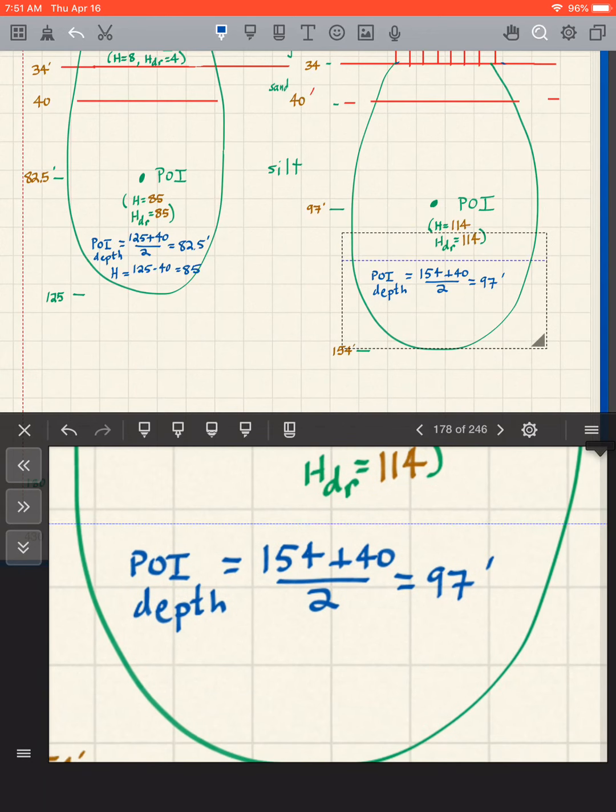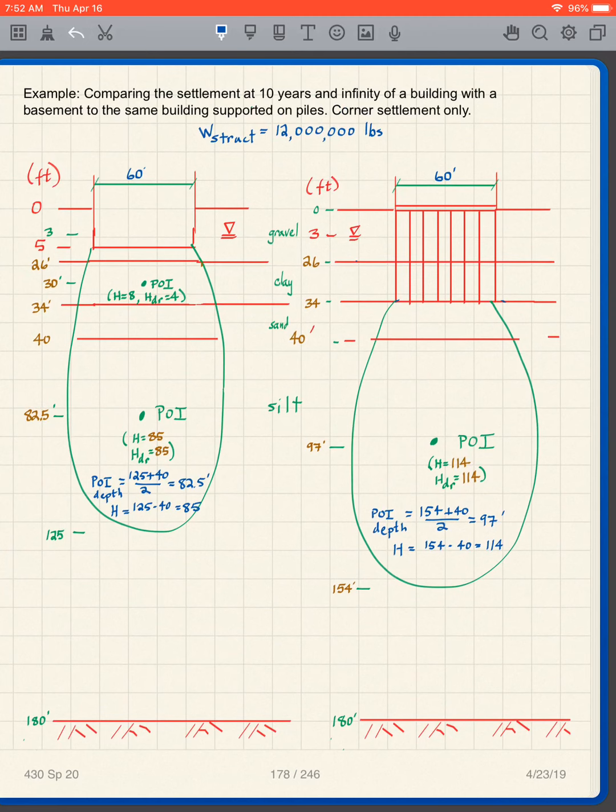And the H is 154 minus 40, which is 114. And again, it's single drainage, so that HDR is equal to H.